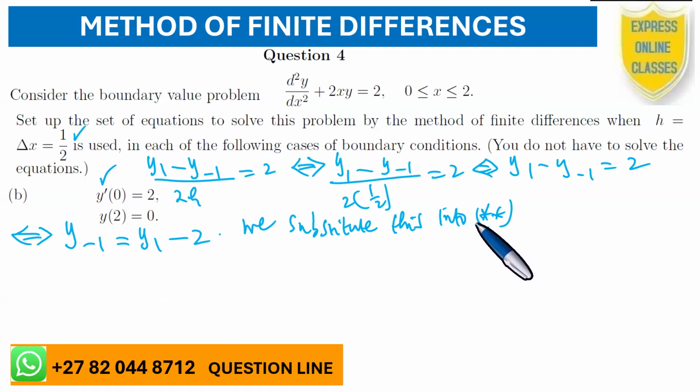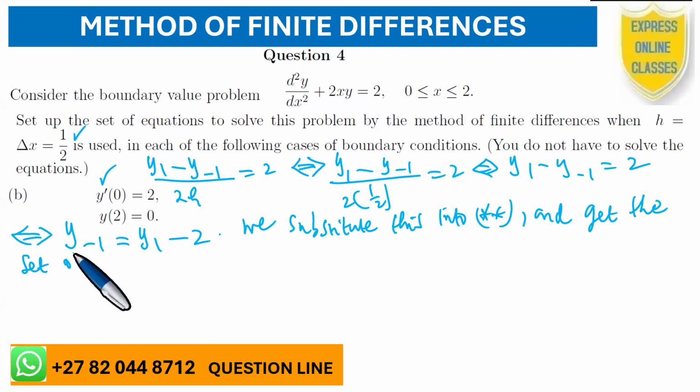So we continue. Okay, so we substitute these into double star and we get this set of equations.